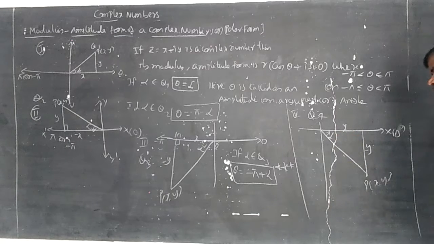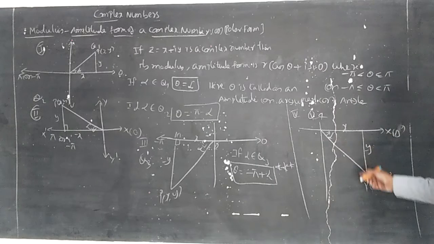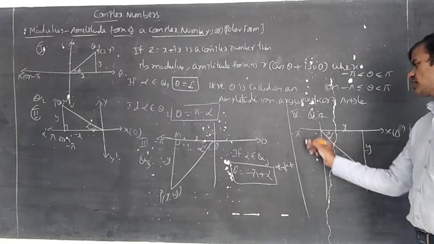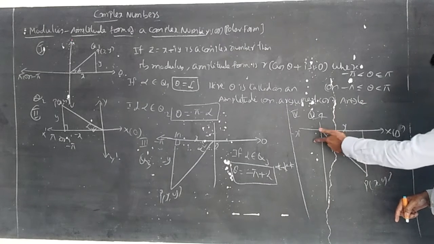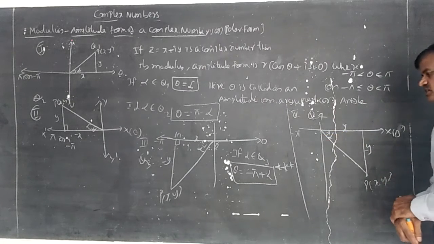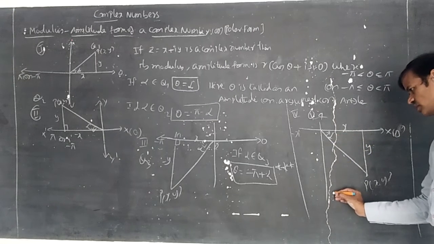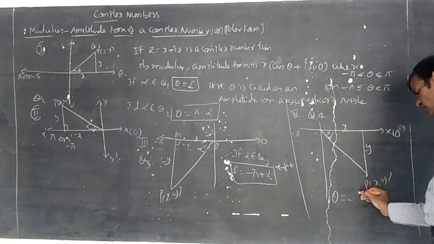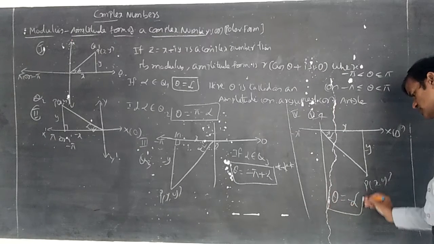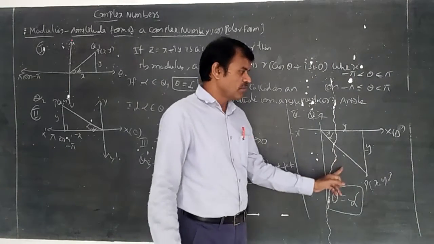Here put alpha. If you are taking the negative side, minus pi I said here. We should not discuss 2 pi minus theta here. So here you should understand theta is equal to minus alpha. That's all. Theta is equal to minus alpha.